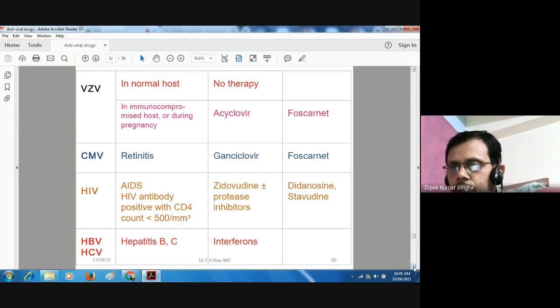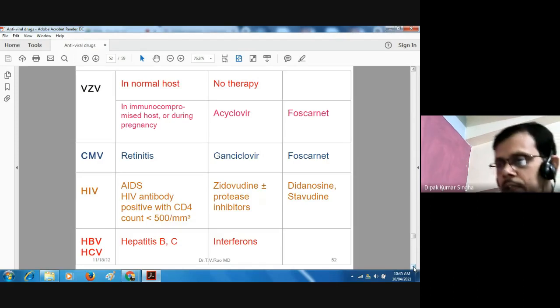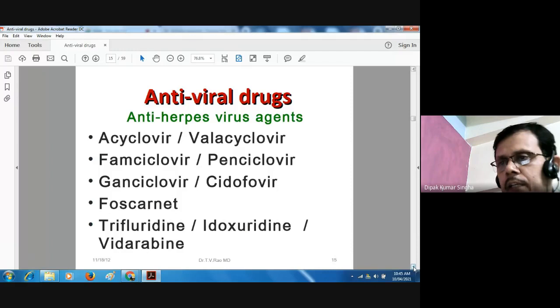Zidovudine is basically used for HIV, and didanosine, which is also an adenosine derivative, and stavudine. And HBV and HCV, hepatitis B and C, are treated by interferons. So you can know it. This chart is very helpful, you can choose in case of multiple choice questions of any competitive examination.